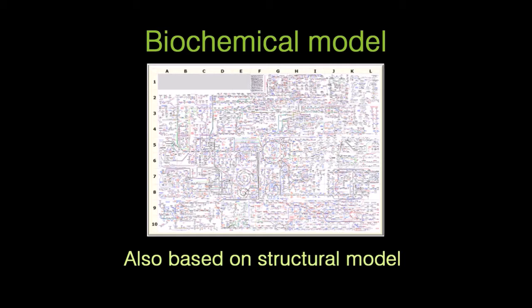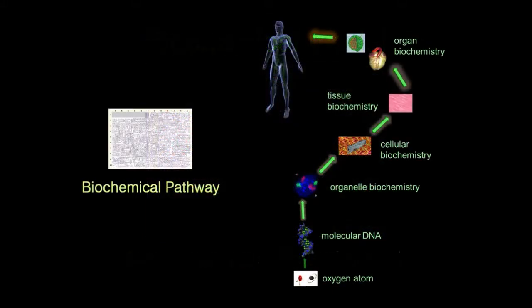There is also a structural basis, a biochemical model in modern medicine. So you can see the entire biochemical pathway of the human system. But what is interesting is that this is still based on the structural model, except that at every level of the structural hierarchy, you talk about biochemistry. So you have a molecular biochemistry, you have organelle biochemistry, you have a cellular biochemistry, and so on.